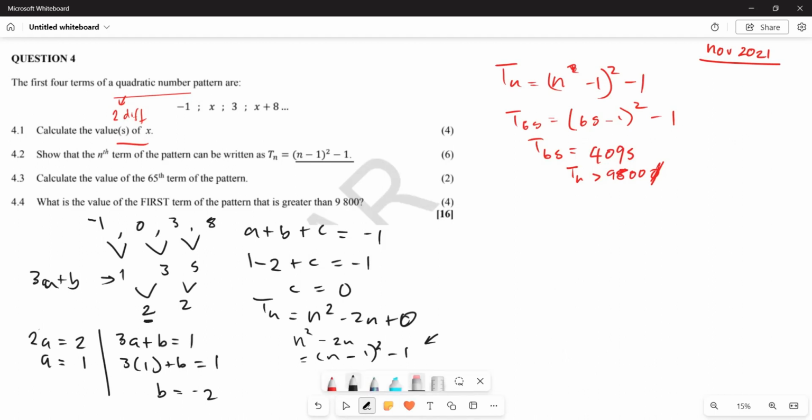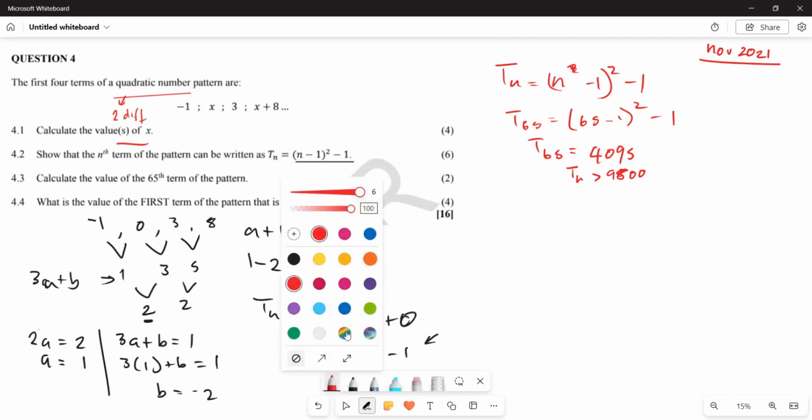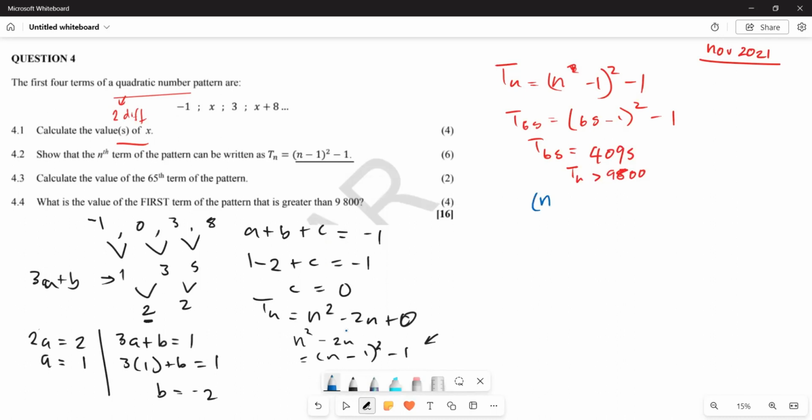Let's erase this one before it gives us problems. Let's take this blue one now, which means this is basically the same as (n subtract 1) squared subtract 1 is greater than 9800, right? So basically that is what they are telling us.